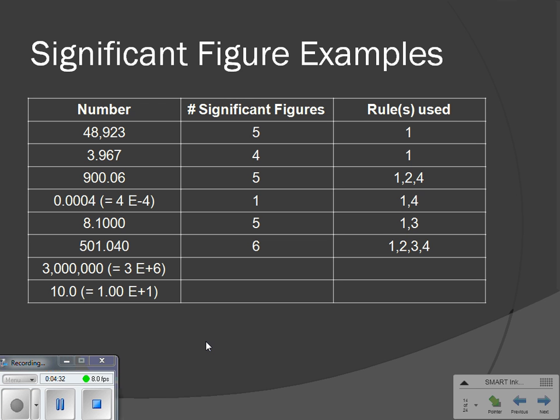If we start looking at the bottom, you notice now we can start writing things with scientific notation that can remove a lot of zeros. So there's 1 significant figure in 3 million, and there are 3 in 10.0. So we have to be careful we include the accurate number of significant figures in our calculations.